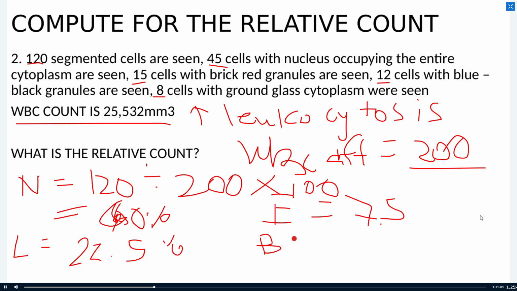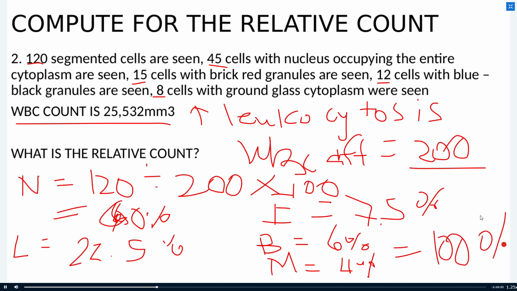How about your basophil? It's 6%. How about your monocyte? 12%. For a total of 60 plus 22.5, 82.5 plus 7.5, 90 plus 6, 96 plus 4, 100%. Okay, so I still have 3 questions.